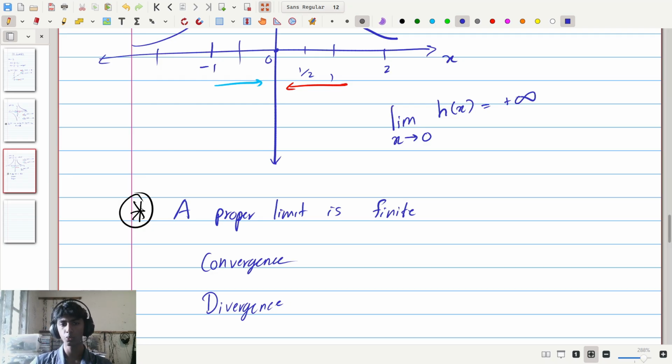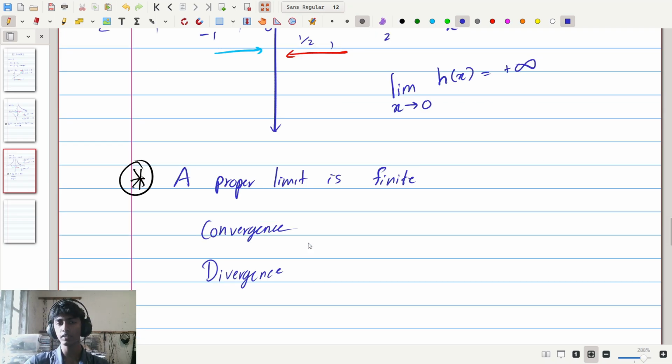Within limits, we say that if the limit is a finite value and both sides agree, then it is a convergent limit. So here, convergence means the limit as, let's say, in general x approaches a of f of x is a finite value.